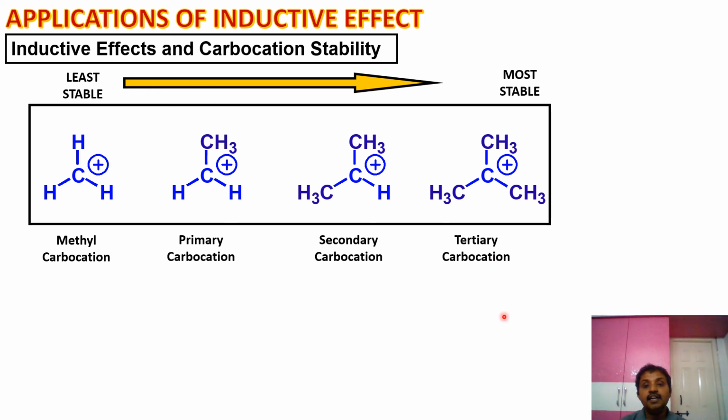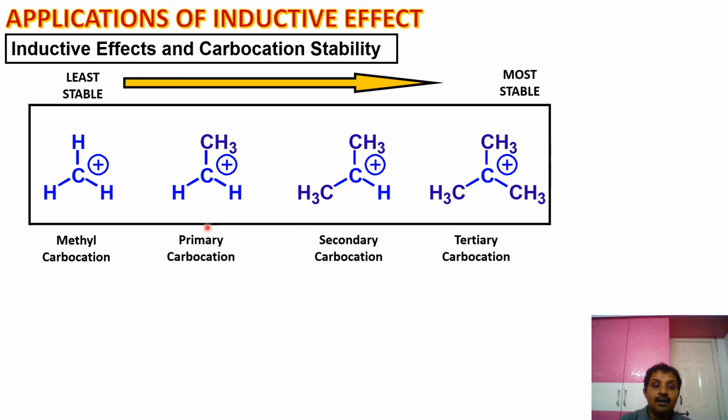As the alkyl groups, that is methyl groups, are introduced, as the number of methyl groups increases, the positive inductive effect on the central carbon atom increases, which supplies electron density on the carbon atom, and the positive charge gets neutralized to some extent because of the positive inductive effect of the alkyl groups. Because of that, the carbocation becomes more stable.